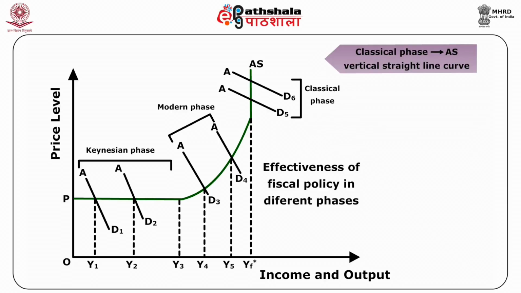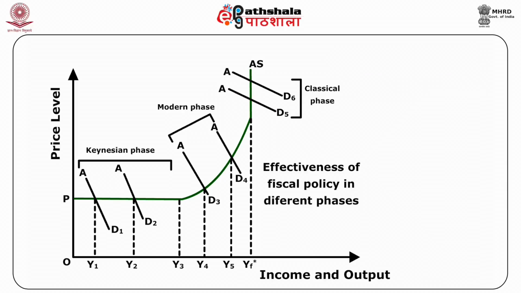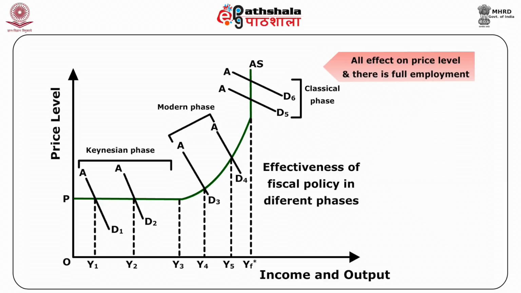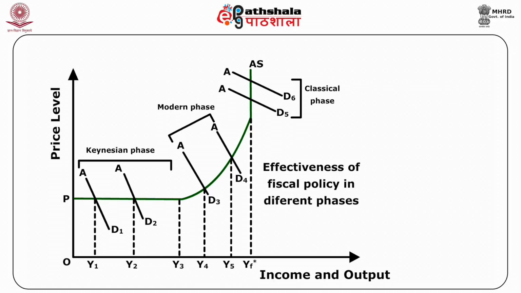In the classical phase, AS is a vertical straight line. In this, AD5 shifts rightward to AD6 due to the increase in government spending, but there is no increase in income and output, and all the effect is on price level and there is full employment.